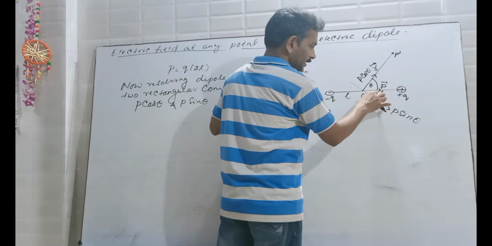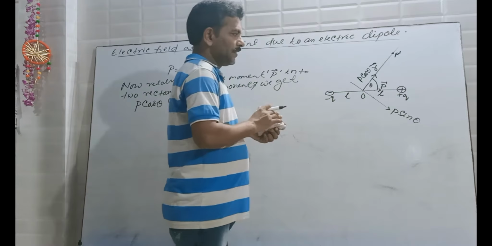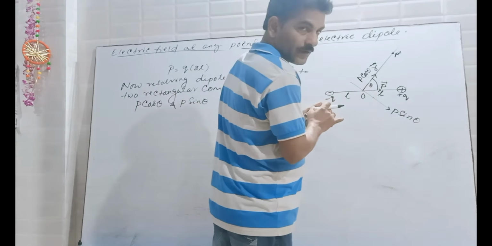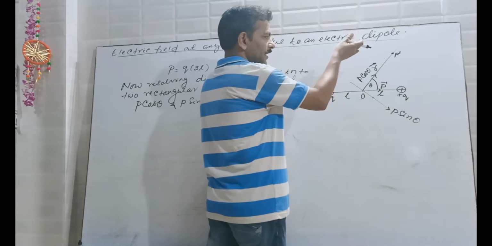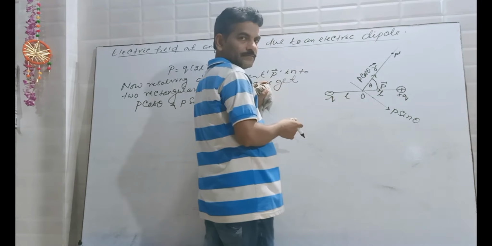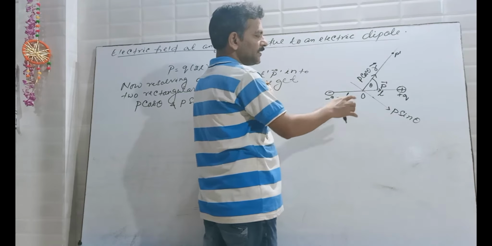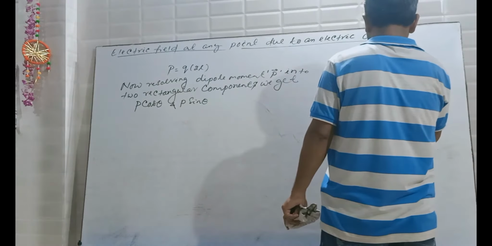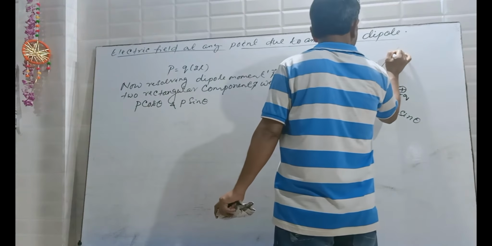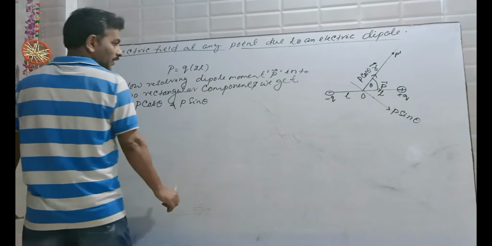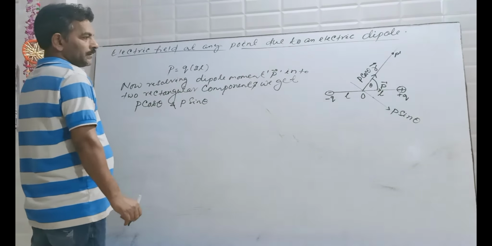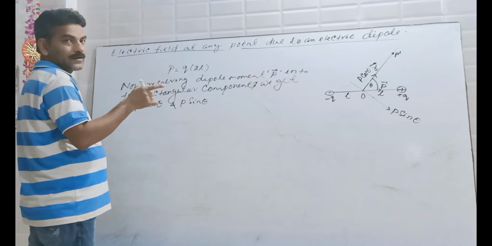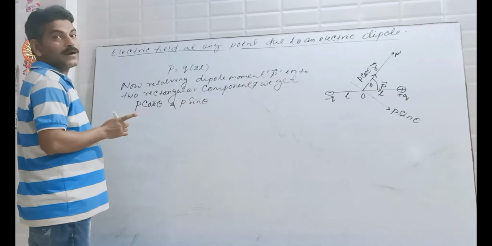So vectorially resolving the P vector into two mutually perpendicular components, that is rectangular components, we get P cos theta along R vector and P sin theta perpendicular to R vector. That means P cos theta parallel to R vector and P sin theta perpendicular to R vector.